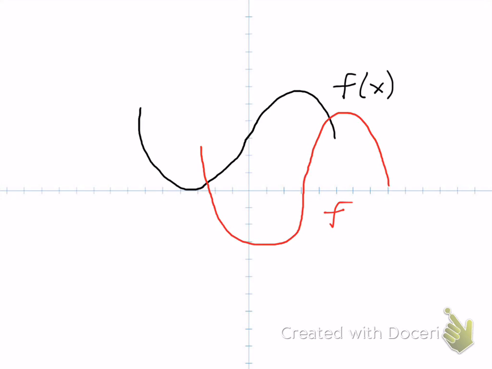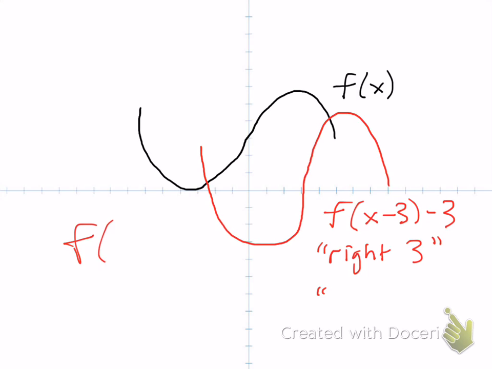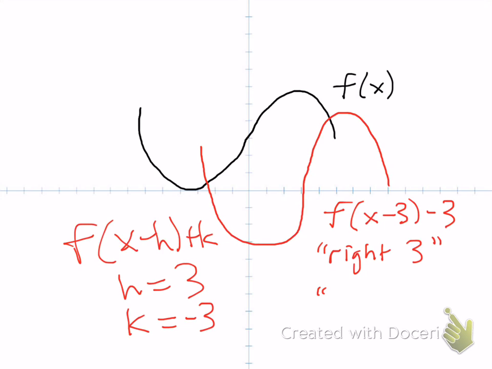If you look at this, you'll actually see that it's been shifted to the right by 3 and down by 3. So here's my equation for that. I have h is 3, right? If I do f of x minus h plus k, well, I noticed that h equals 3. So it goes to the right by 3, and k is negative 3. So it's going to shift down by 3.